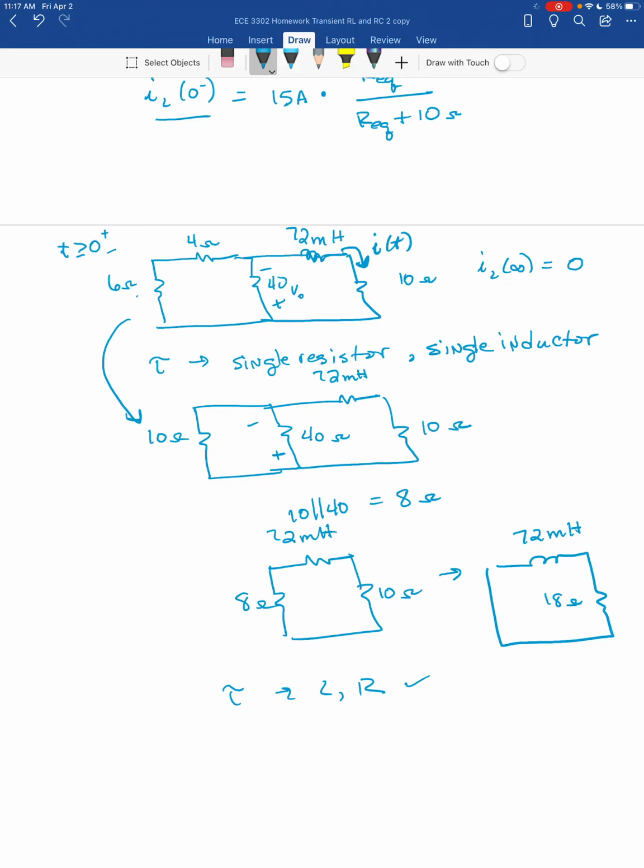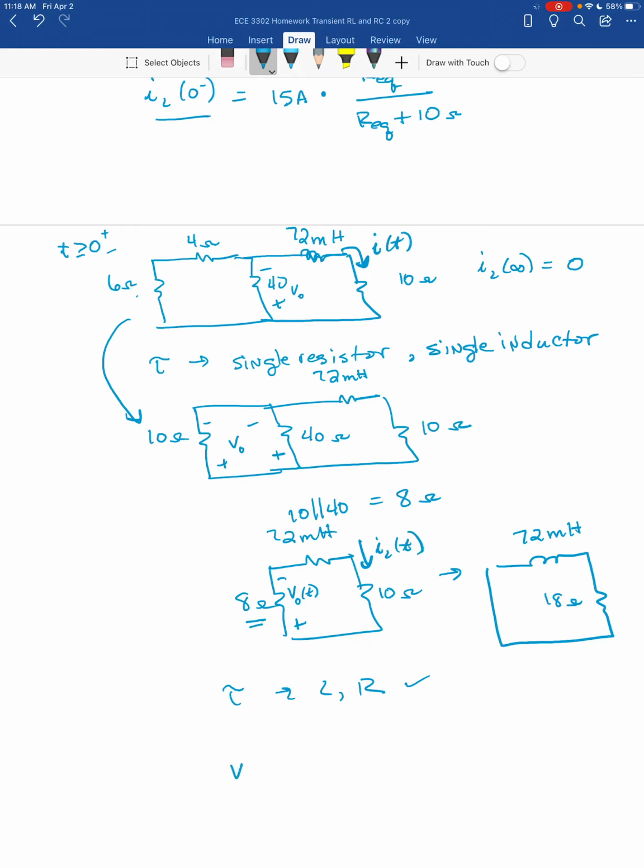If you look here, it'd be pretty easy to go to this step where the 6 ohm and the 4 ohm were combined. That then makes this V0 the voltage across the 40 and the voltage across the 10. You have two options. Probably the easiest option is to come to this step where I combine those two because they are in parallel. So that voltage drop is still going to be V out.